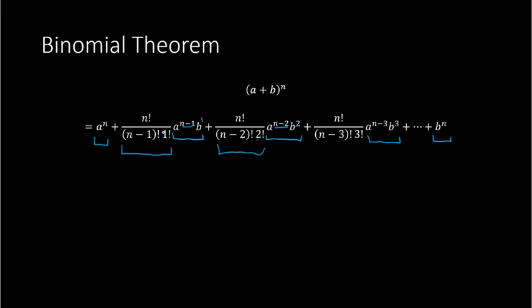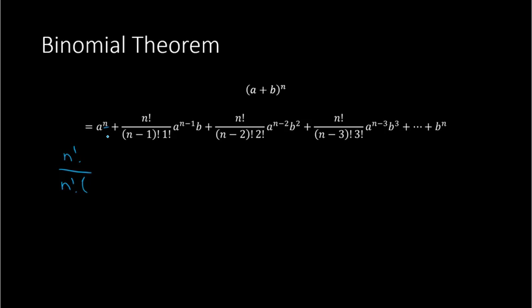All right, and you might be wondering, well, what about the first term and the last term? Why is there nothing factorial stated there? Well, there is, but things will cancel out. So like the first term, for example, if we're keeping this pattern going, this coefficient would be n factorial over, and then we take the exponent with a, make it a factorial, so that'd be n factorial, and then we do the exponent with b.